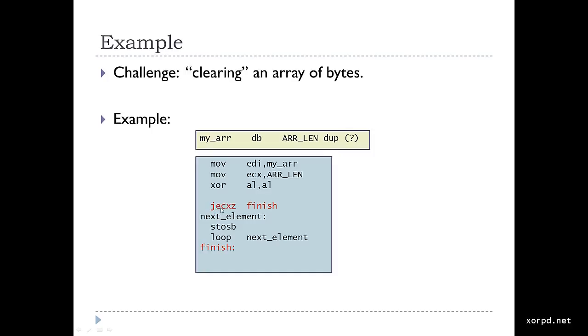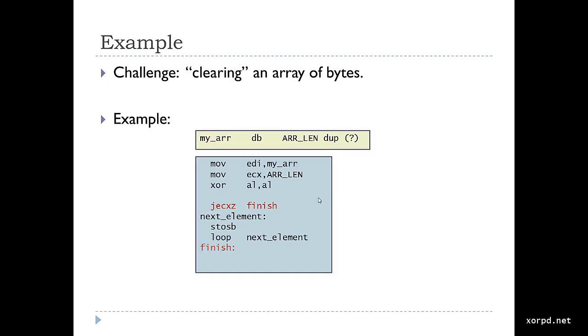It just checks if ecx is 0, and if it is, it takes the jump. But if ecx is not 0, the jump is not taken. So we made a very simple detour, made of just one instruction. In the case of rlen equals 0, we are going to skip this loop. We will not do even one iteration. But if rlen equals 1, then we will do exactly one iteration.